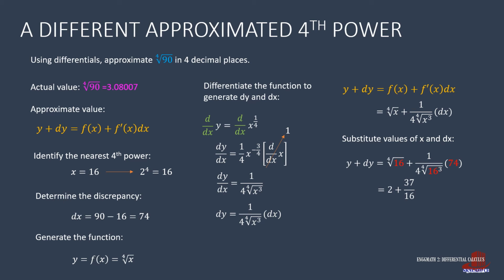This is simplified as 2 plus 37 out of 16, which can then be coined together as 2 and 37 over 16, which is 4.3125. The approximation is rather far from the actual value, as there is a big discrepancy to adjust.